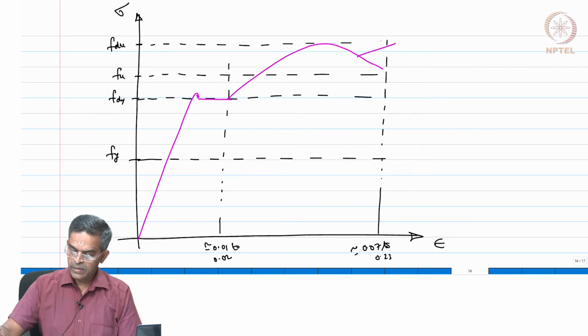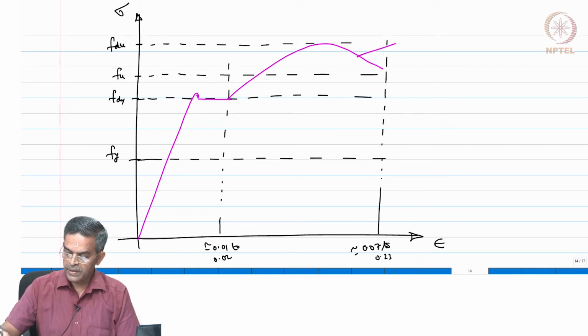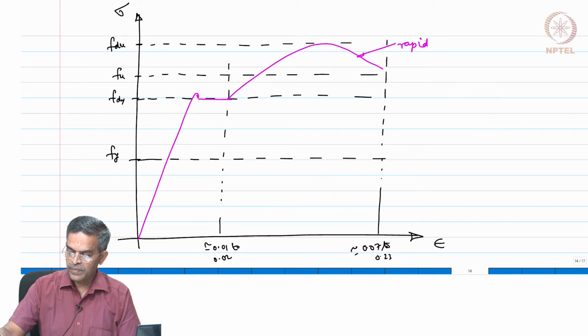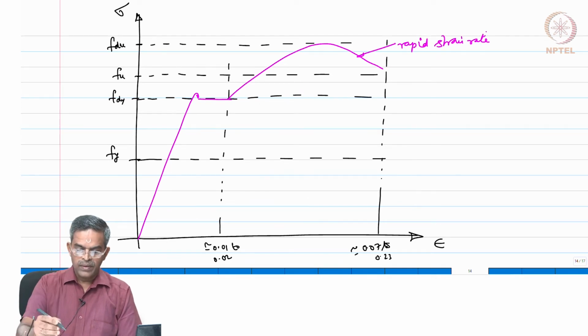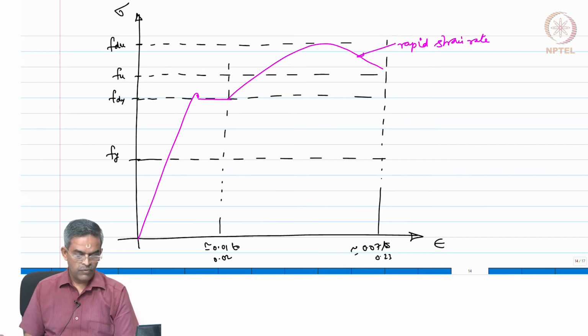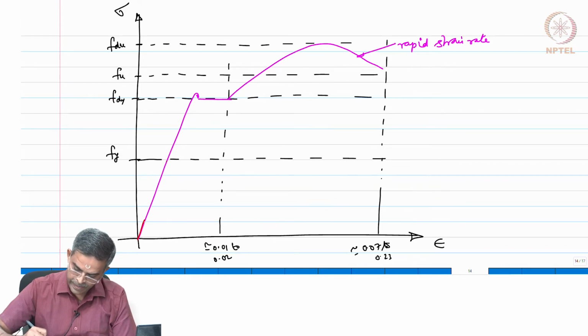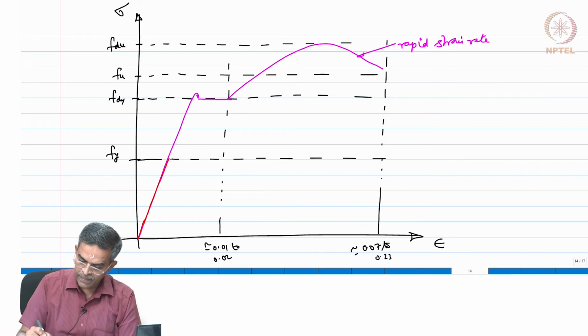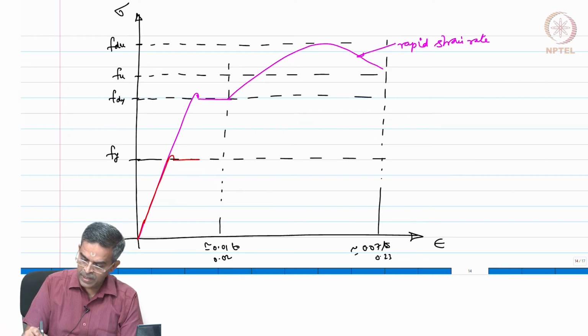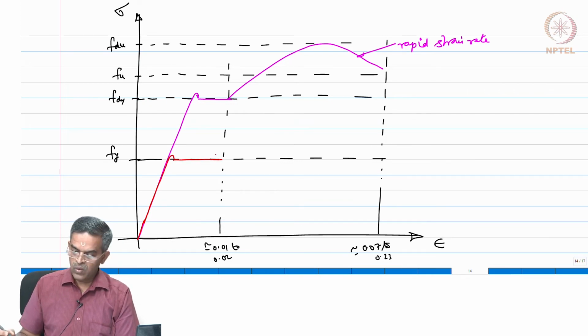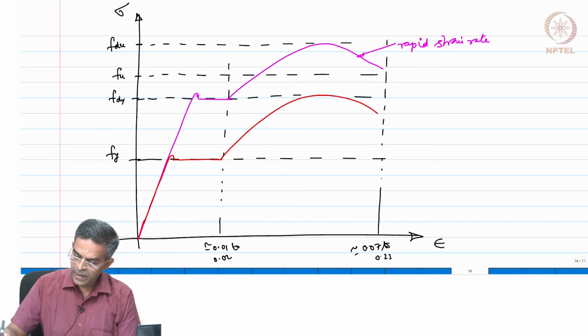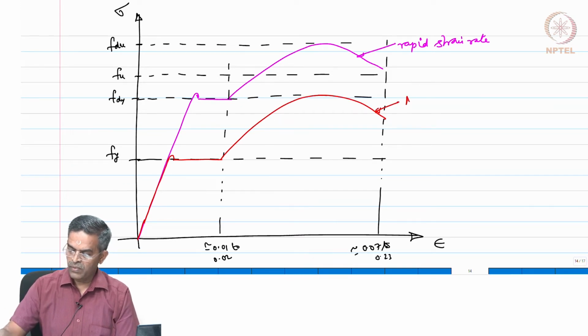Okay. This is for rapid strain rate. When you draw this for ASTM strain rate, it stops at Fy, slope is same, develops a yield plateau and goes till Fdy and comes. This is for ASTM strain rate.